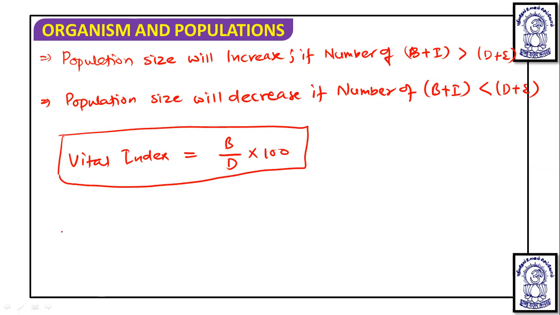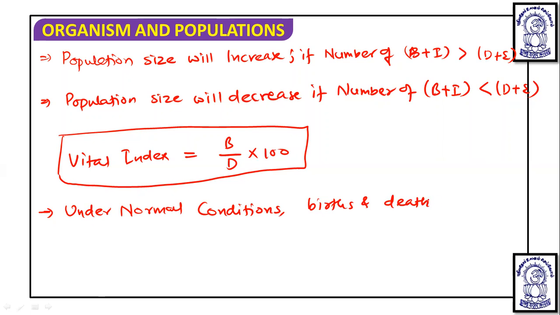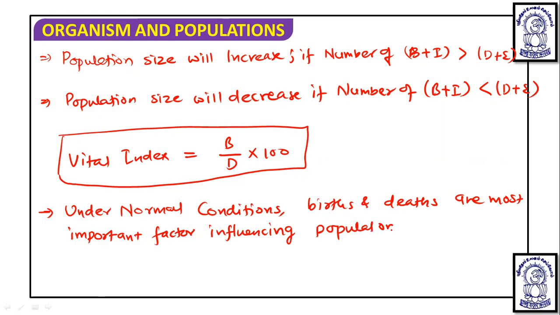Okay. Now it is also known that under normal conditions, birth and deaths are the most important factors influencing population density.